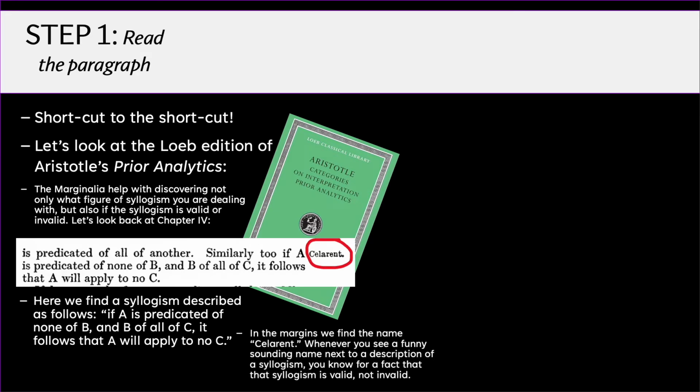Whenever you see a funny sounding name like Celarent or Darii or Ferio, that name next to the description of the syllogism indicates that what you are seeing described in the paragraph is a valid syllogism. So if you see a funny name in the margins, you know automatically that what it corresponds to in the paragraph is a valid syllogism, not an invalid syllogism.